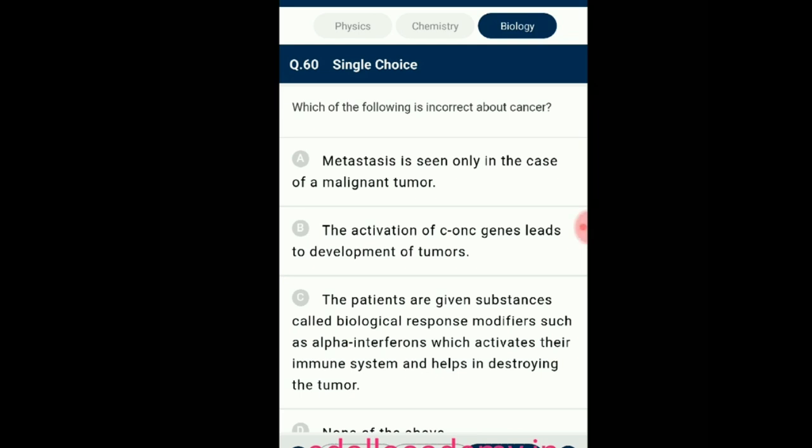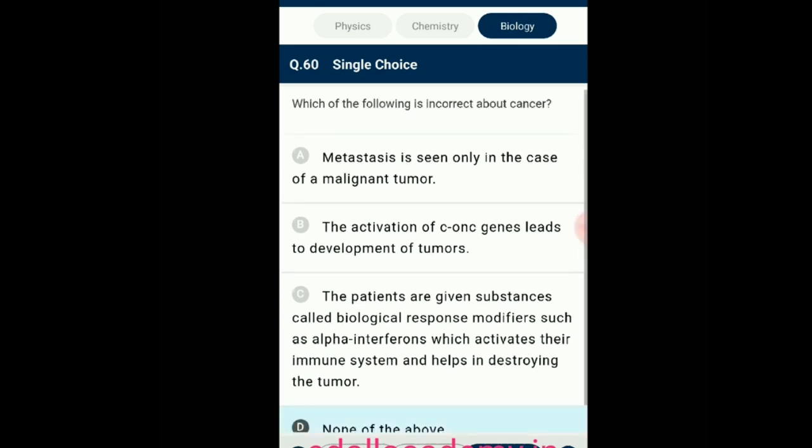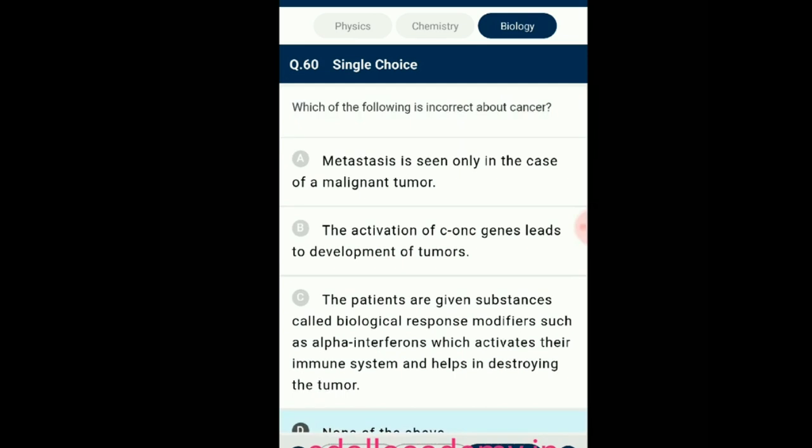Several genes called cellular oncogenes, generally called as c-onc or proto-oncogenes, are found in normal cells, which when activated under certain conditions could lead to oncogenic transformation of the cells. The patients are given substances called biological response modifiers such as alpha interferons, which activate their immune system and help in destroying the tumor. So the answer for this question is option D. So from the given statements, none of the statements is incorrect about cancer.